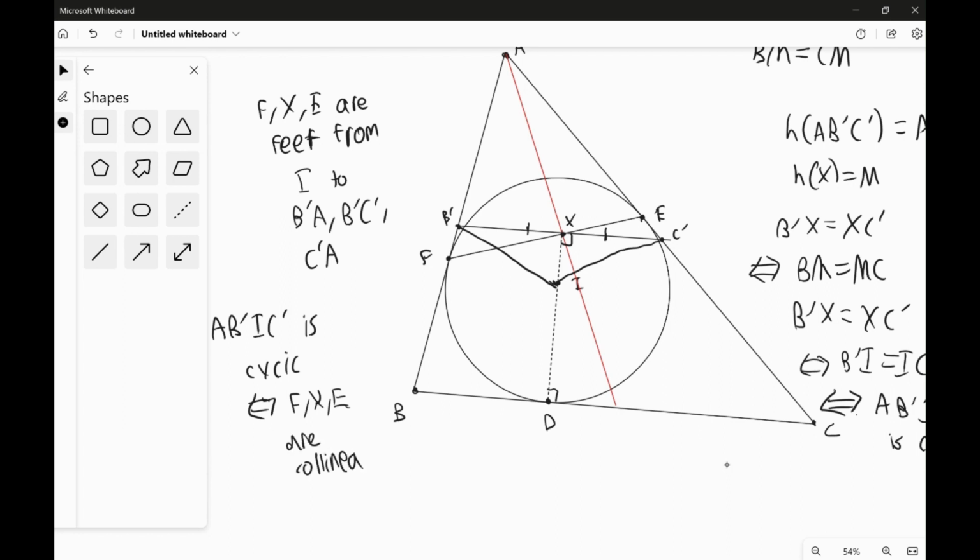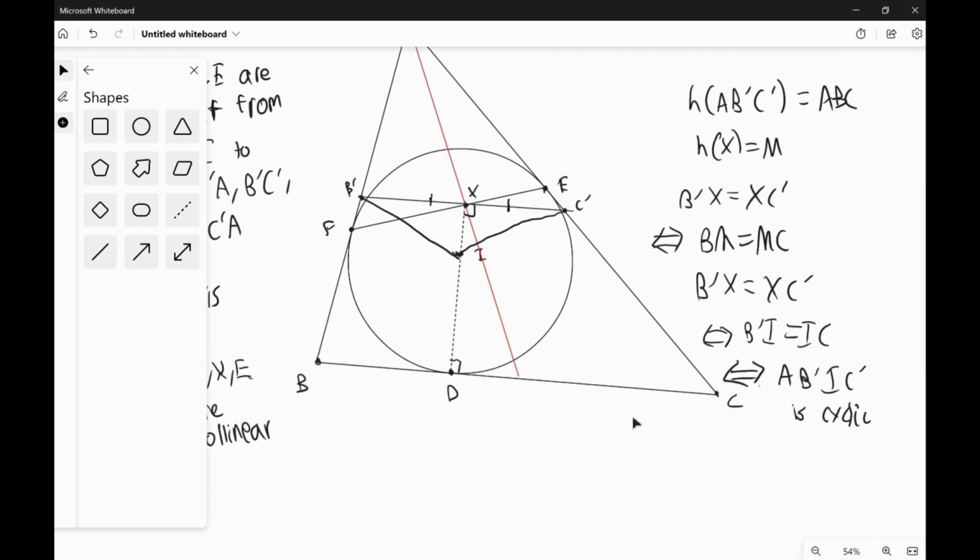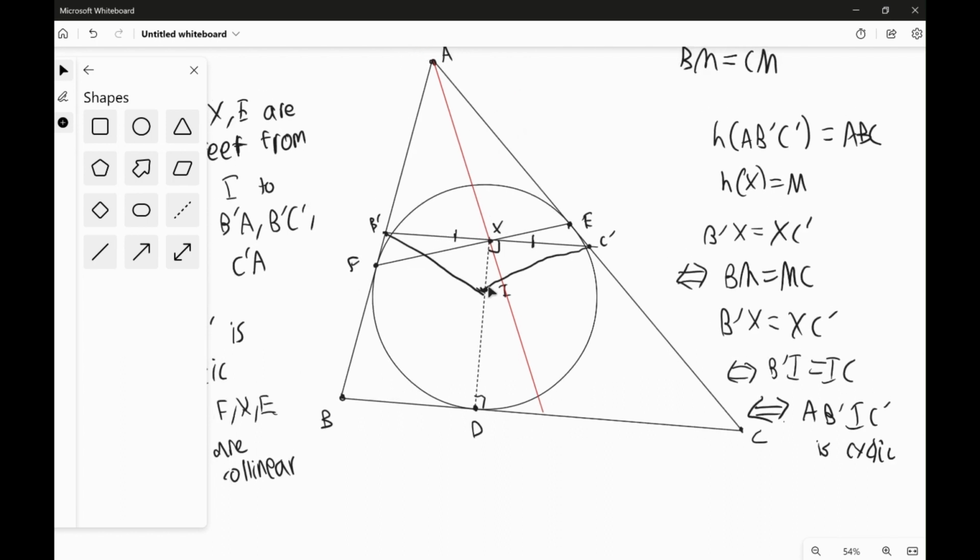In other words, all the feet of the perpendiculars lie on the same line if and only if AB'IC' is cyclic. So therefore, we are done, because that means that B'X equals XC'. And then we can just take a homothety and map it down here to M. And BM equals MC, as we need.